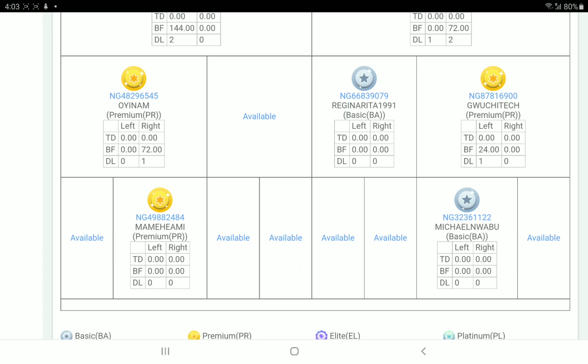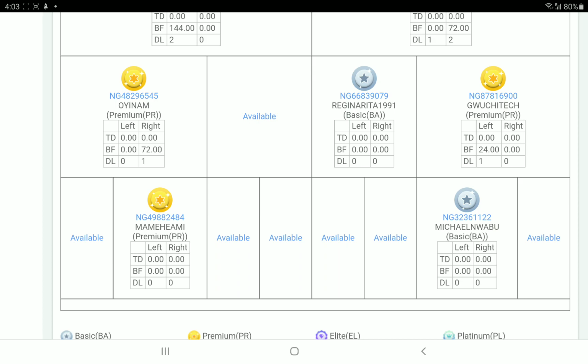Then when you have built to the point you have already maxed out the spillover volume, that outer leg is a spillover leg, is a team leg, is a power leg. You have maxed out that volume. Then what you want to do is you come to the left to do your next registration. When that time comes, you will understand. You may not understand at the beginning.